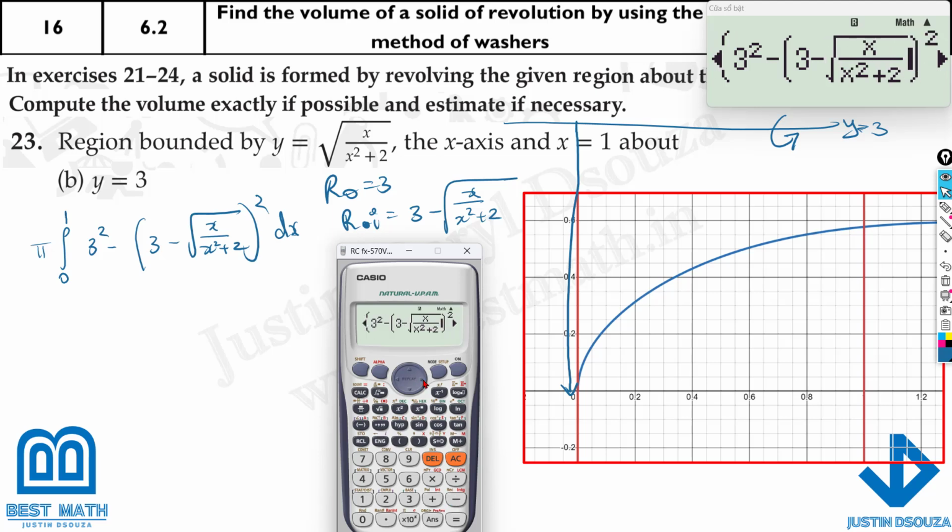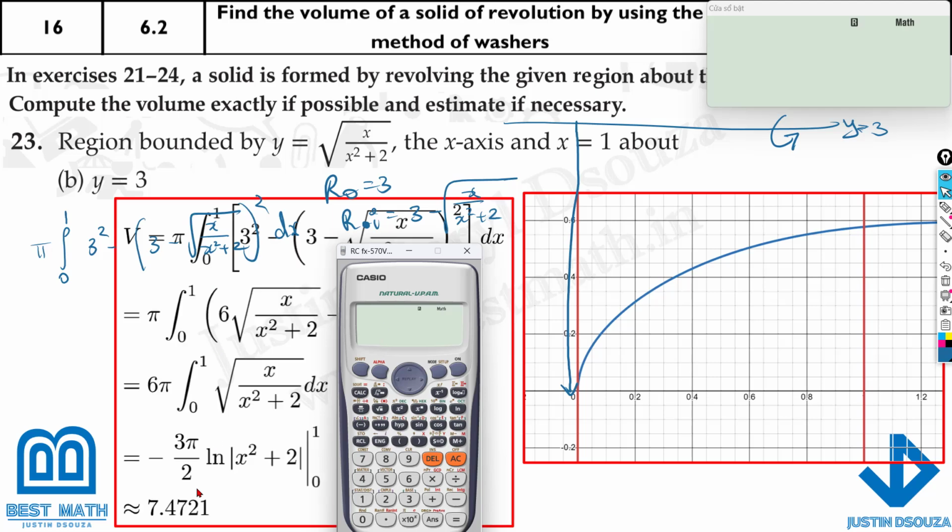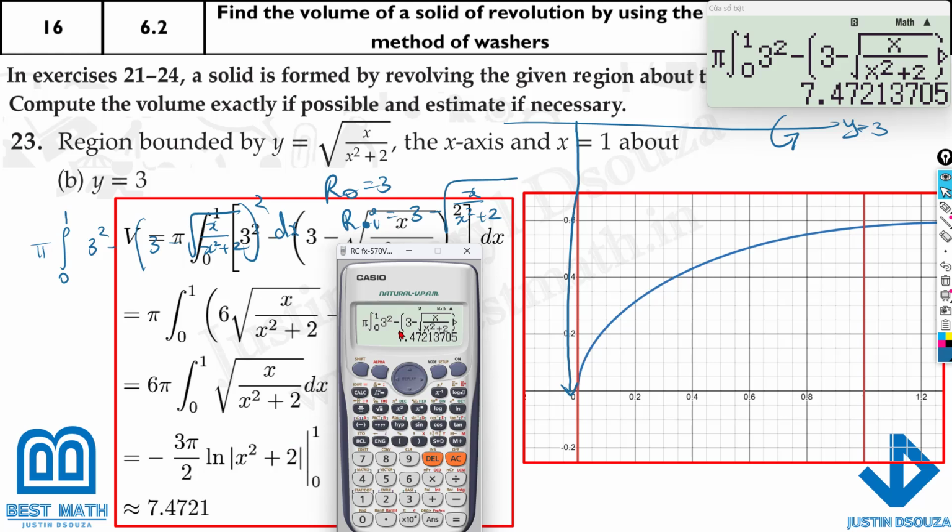And if you want, you can also follow this, but use some dummy steps, and then write the final answer. Okay, I've missed something. I've opened a bracket here for no reason, so it's taking a bit longer. The final answer must be 7.47. Here you can see they have done the integration and then applied the limits as well, but the answer is the same.